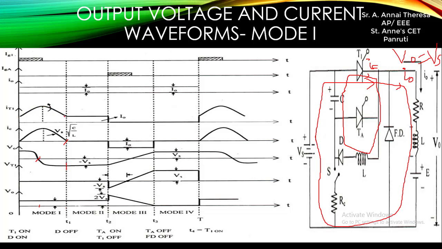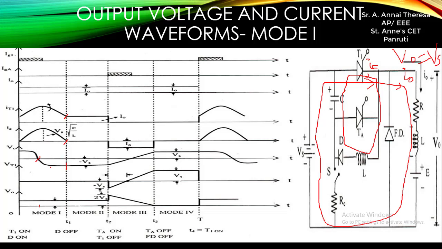So at the end of this time interval T1, mode 1, the current through thyristor 1 is I0, so IT1 is equal to I0.